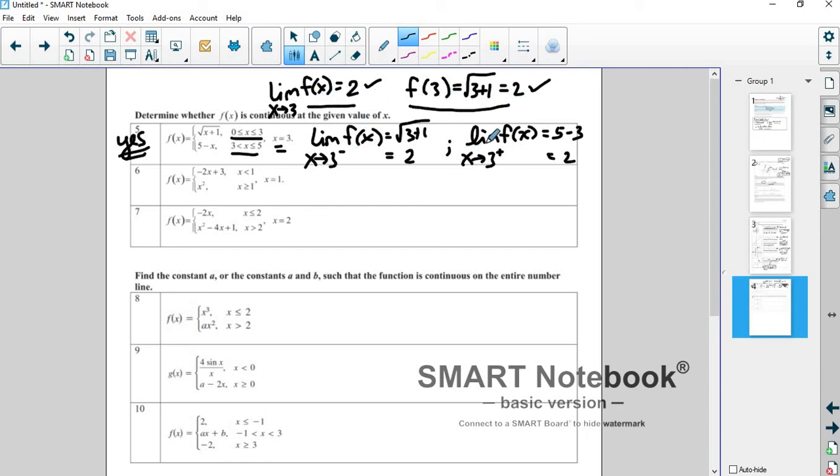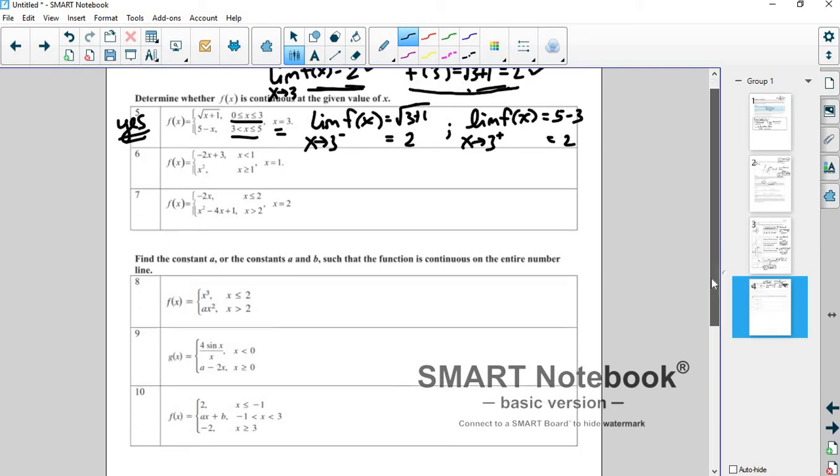I've got to see you show me the limit from left and right. If the limit exists, then you've got to tell me that the function value is the same. Anything that doesn't happen in that case, any of those things break down, you're not continuous. All right? So y'all try 6 and 7 on your own.